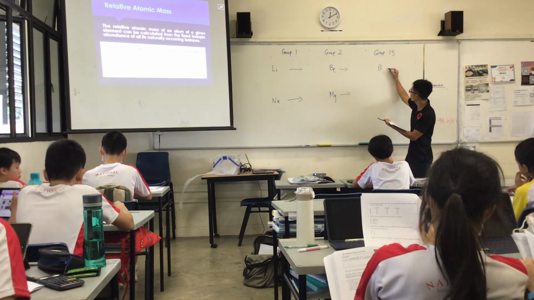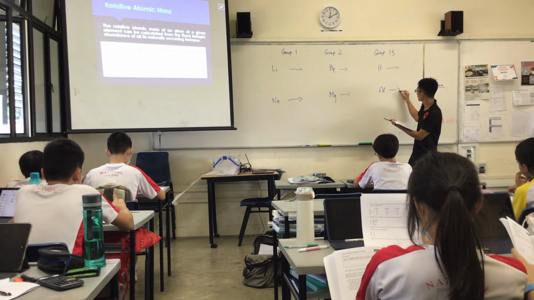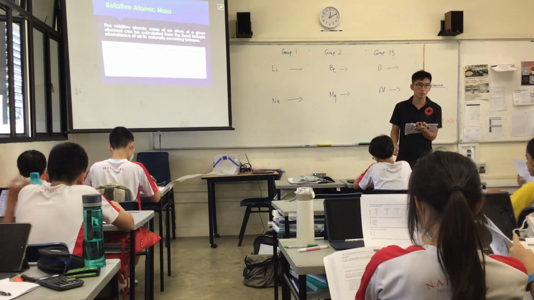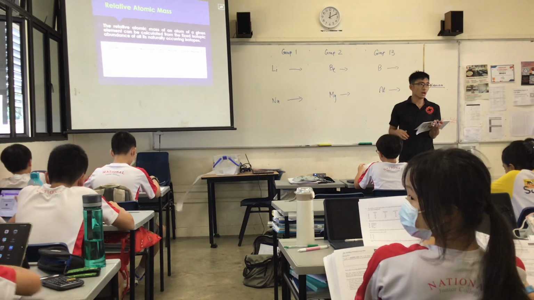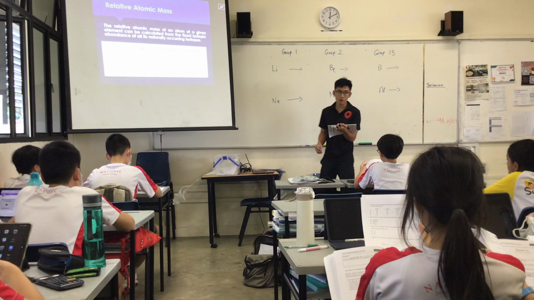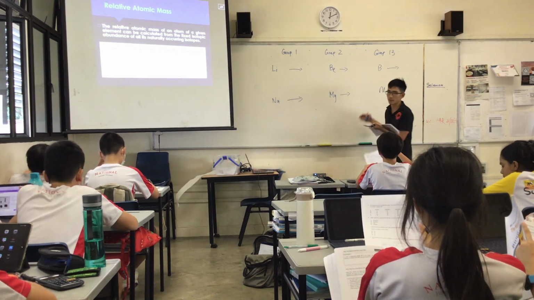Here I've chosen a few elements that we'll focus on. Okay, we're going to focus on elements in group 1, 2, and 13 now. I need your help so that we can do this a little bit faster. Can you quickly tell me what's the electronic configuration of these 6 elements?